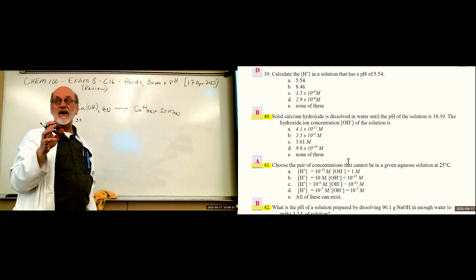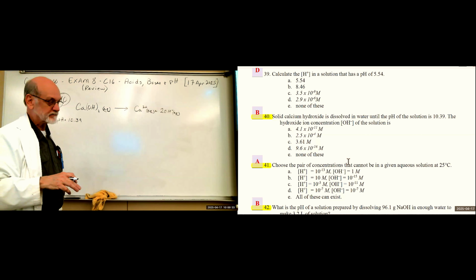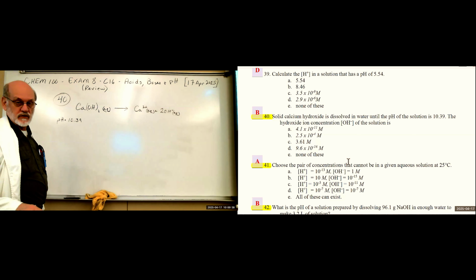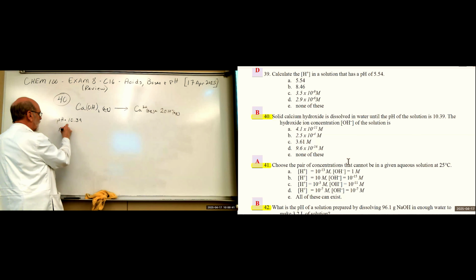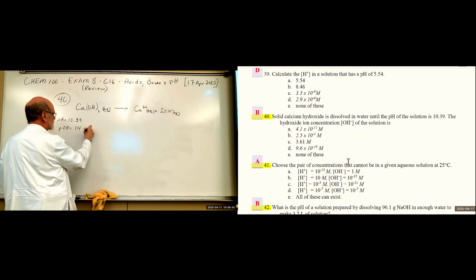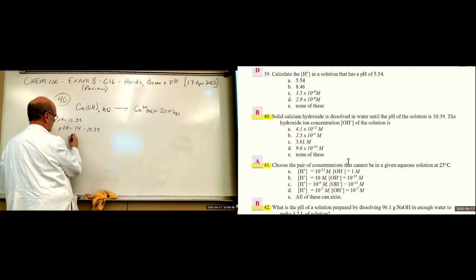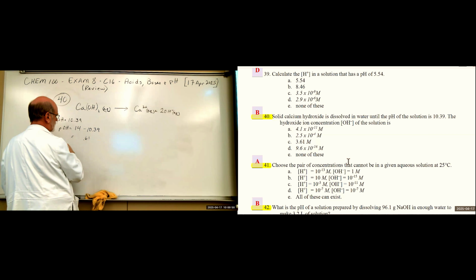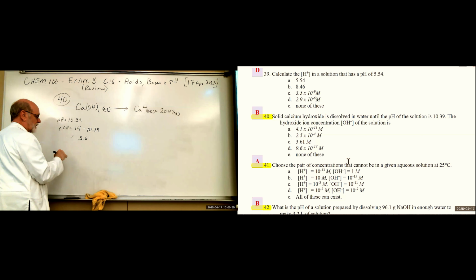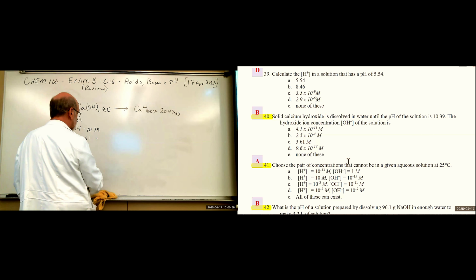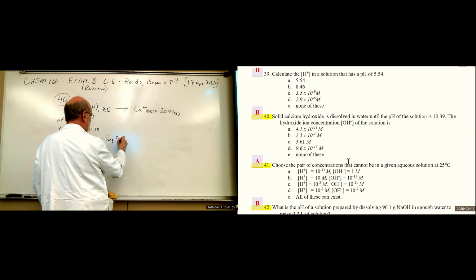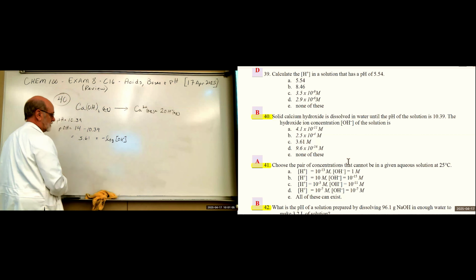The hydroxide ion concentration is what? Well, we know what the pH is. What's the pOH? The pOH is equal to 14 minus 10.39. Right? So that would be 3.61. That's pOH. Well, what is that equal to? That's equal to the negative log of the hydroxide ion concentration, right?